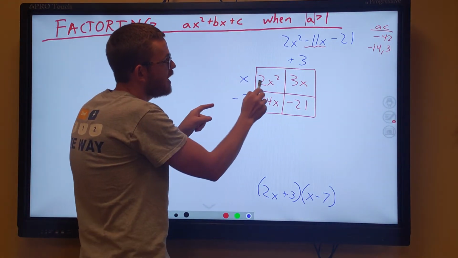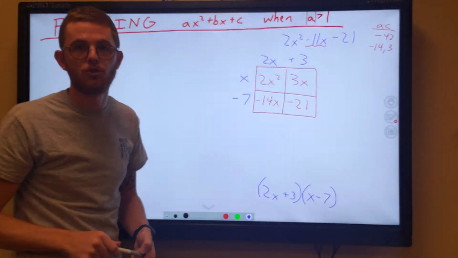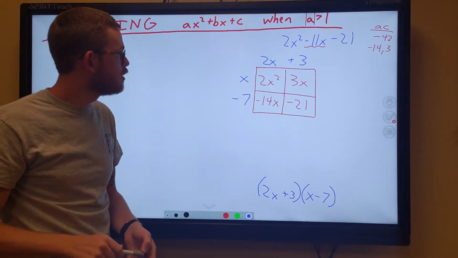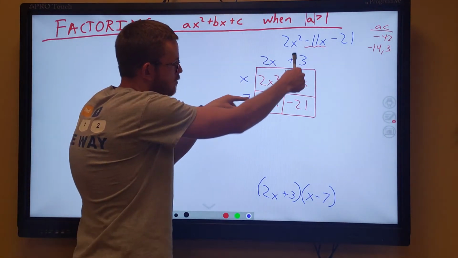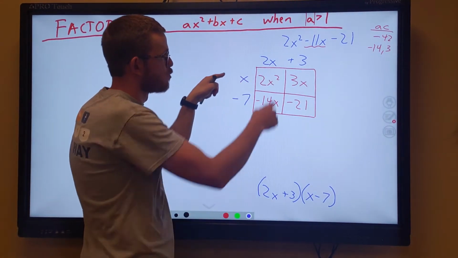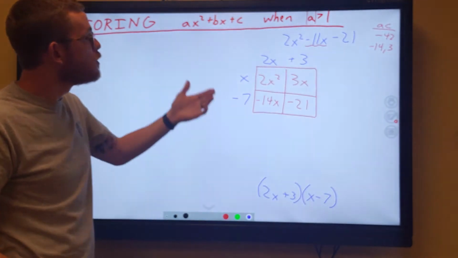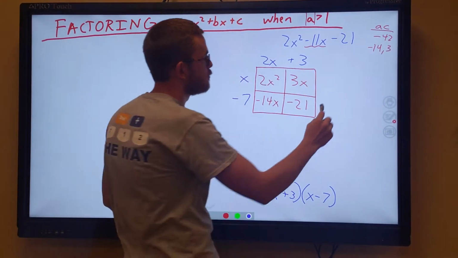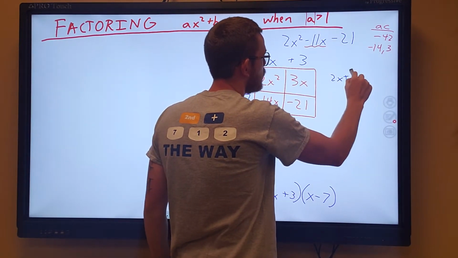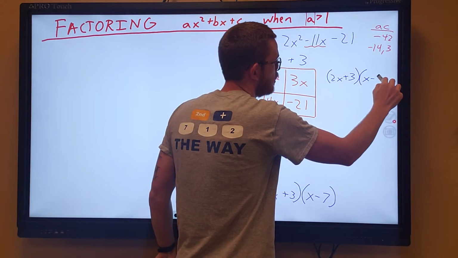And what times x gives us 2x squared? That would be 2x. So when you go through each of these, the row-column combination, they should multiply to get what's in that box. Notice on the top we have 2x plus 3. And over here on this side we have x minus 7.